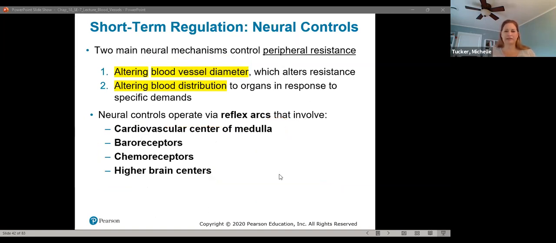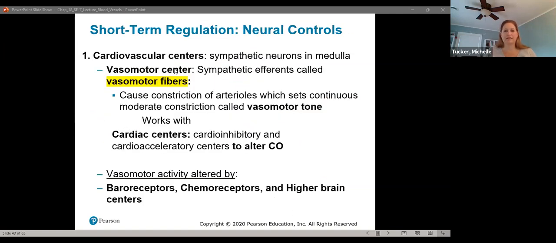So we'll look at these centers and how they affect the vasomotor fibers. The fibers that control blood vessels are called vasomotor fibers, and they are part of the sympathetic nervous system. Vasomotor fibers cause constriction of arterioles at a moderate level, and this is called vasomotor tone.